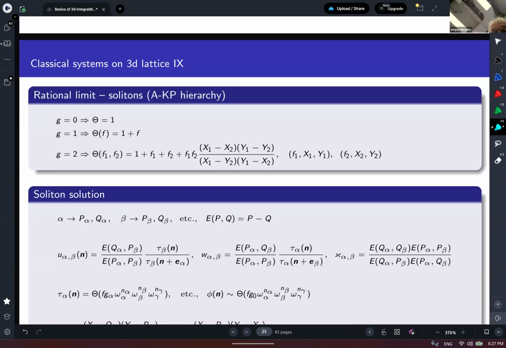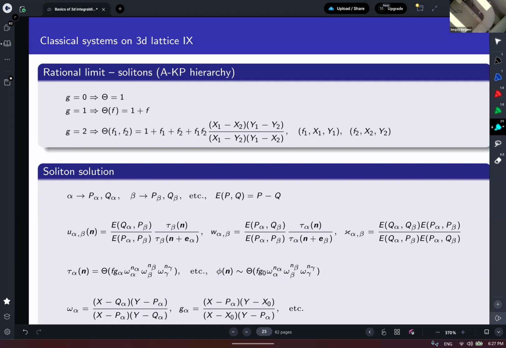It means reduction from genus g curves, from theta functions, to solitons. So solitons can be seen as a rational limit of theta functions. And instead of genus, we can talk about the number of solitons. So for instance, if there are no solitons, it means genus 0, nothing, just flat. One soliton corresponds to genus 1. Two solitons correspond to genus 2, and so on.